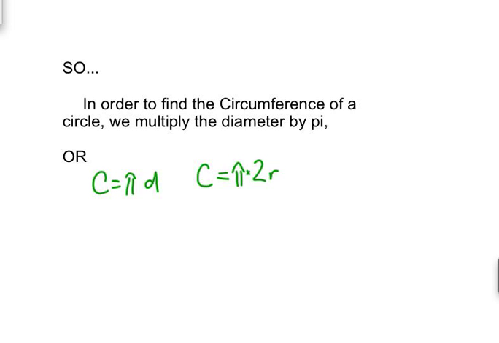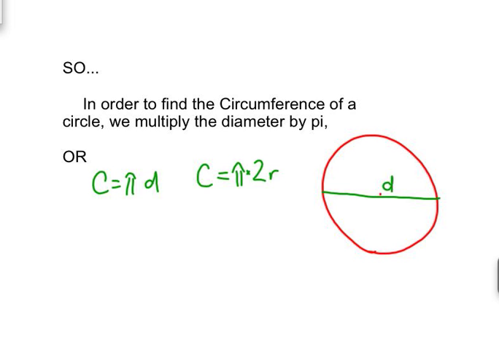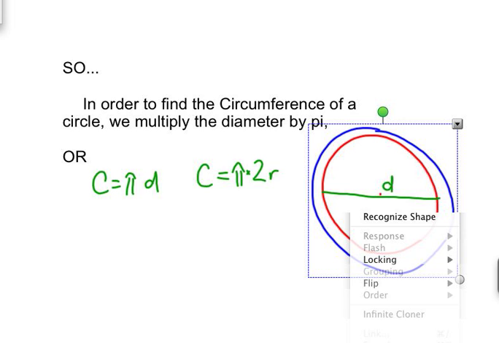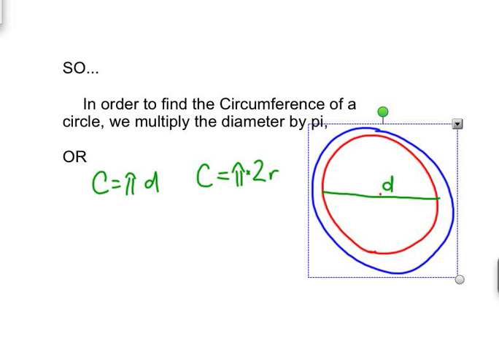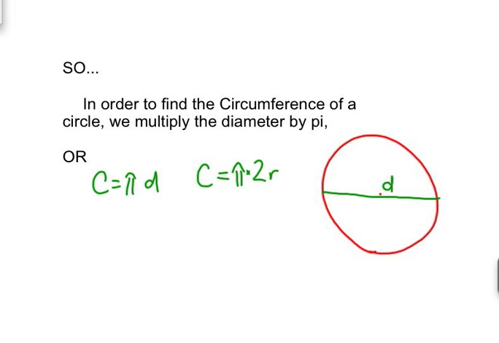So if we were to have a circle, again, this is a crude drawing. And if we have our diameter across the middle, and we have our circumference, the red would be our circumference because it is the entire distance around the outside of the line.